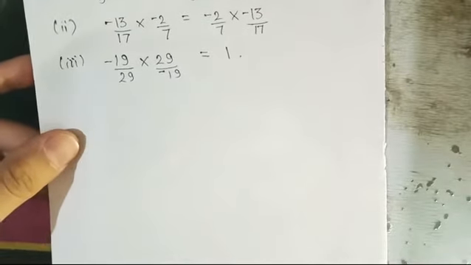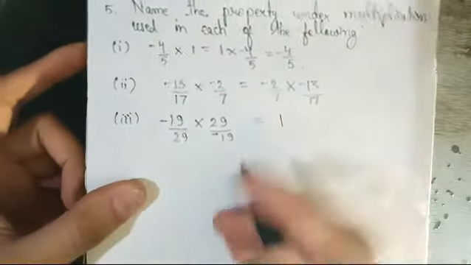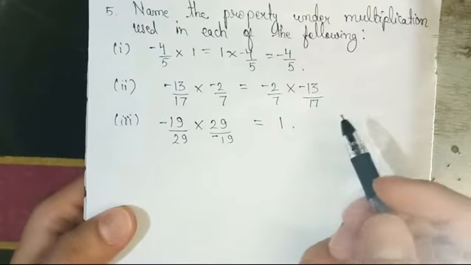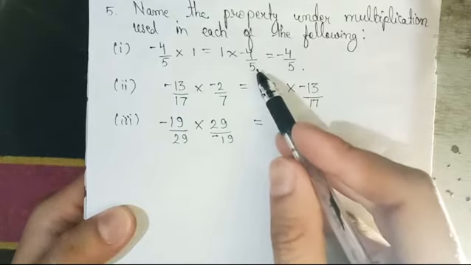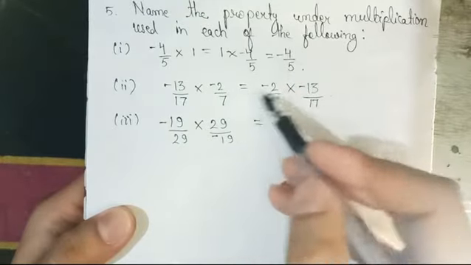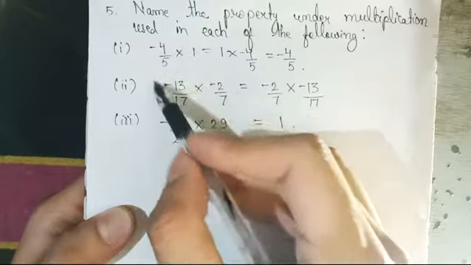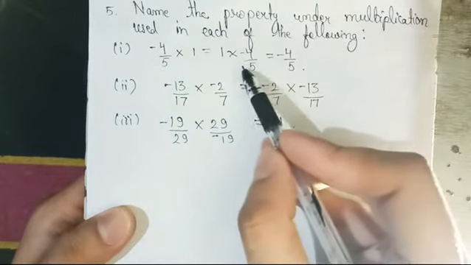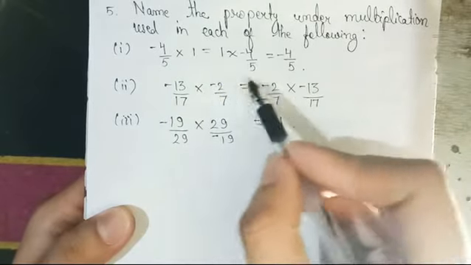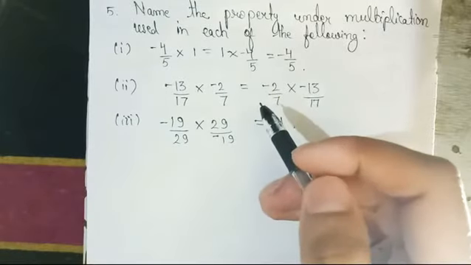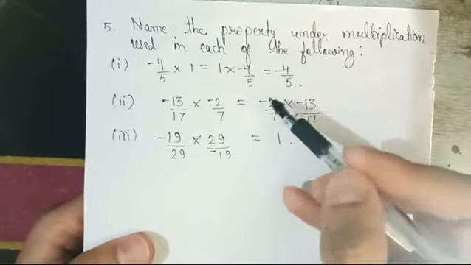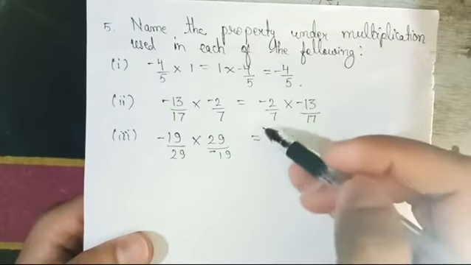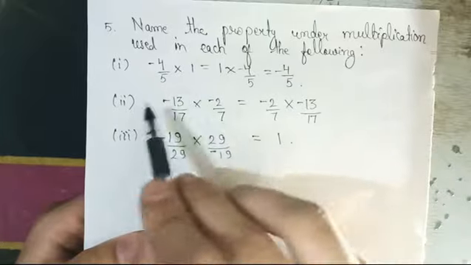Now moving towards the fifth question. Name the property under multiplication in each of the following. Minus 4 upon 5 multiplied with 1 equals 1 into minus 4 upon 5 equals minus 4 upon 5. So what we have done here: minus 4 upon 5 was written here, then in the second part, 1 into minus 4 upon 5 is written. So there is an exchange of the rational numbers.